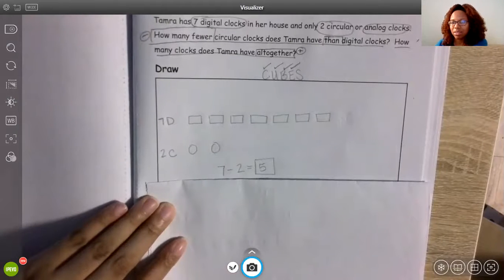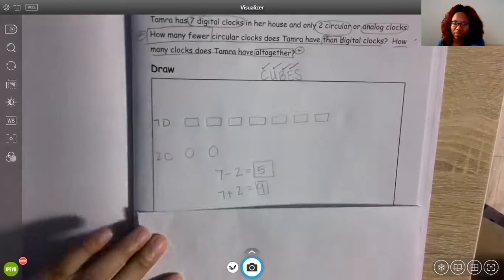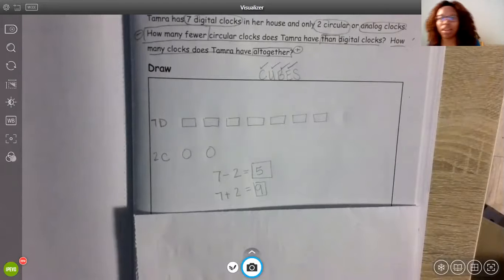Now you have to solve for how many clocks does Tamara have all together. What number sentence did you make for that one? If you have 7 plus 2 equals 9, you're correct. You could have also written 2 plus 7 equals 9. Either one is correct.